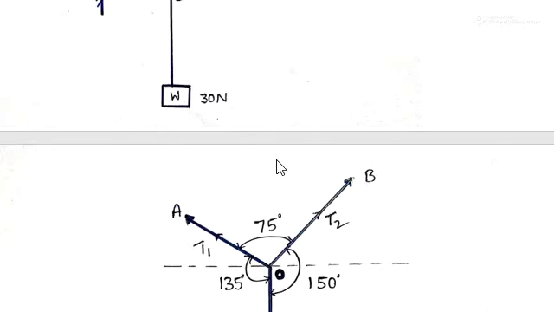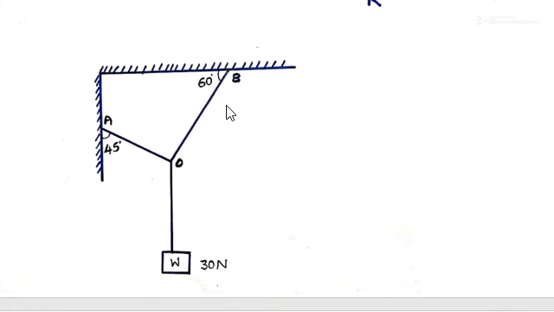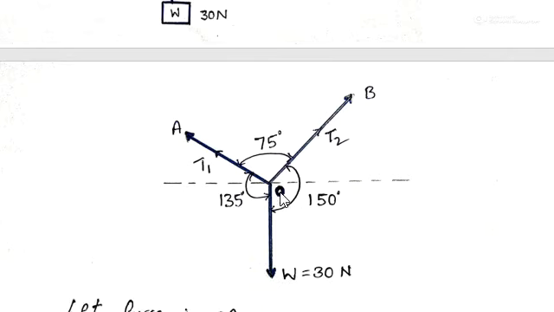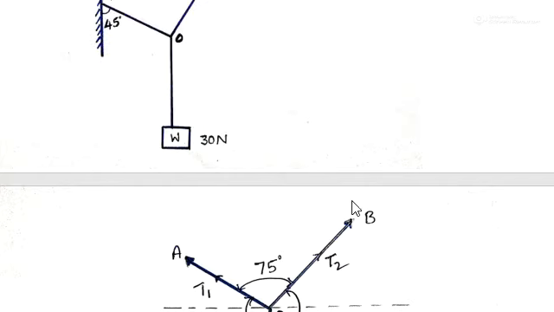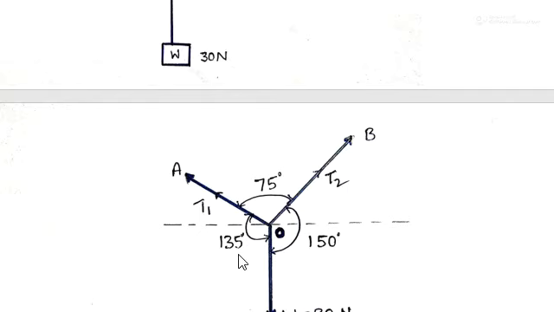So from this we can write: here it is 45, and it is 60 from this diagram, the alternate angle is 60 and here it is 60. So 90 plus 60 is 150. The total angle between W and OB is 150, and the 45 we got from here, plus 90 from the diagram, gives 90 plus 45, 135.